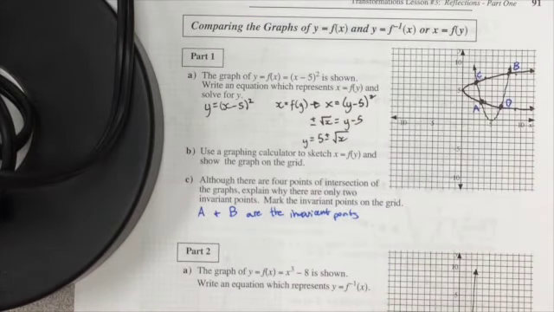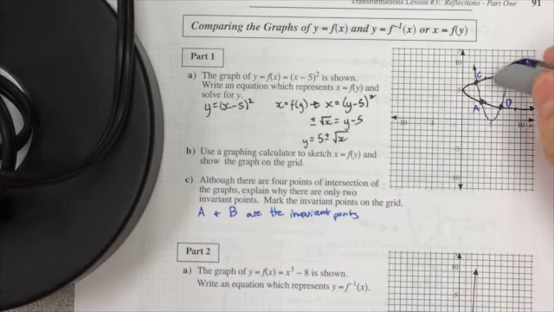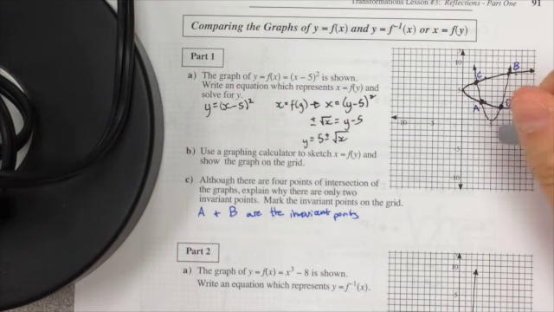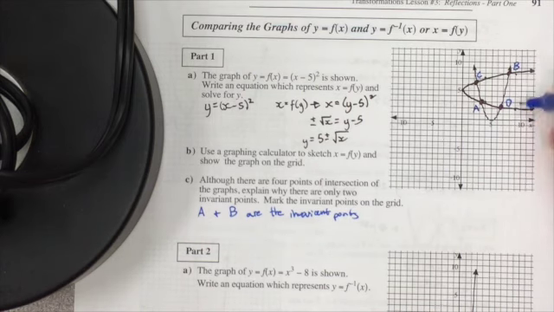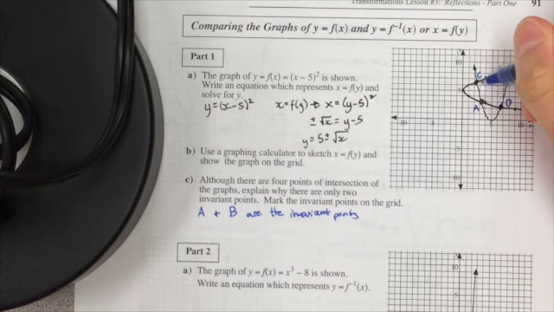The reason A and B are the invariant points is because under this transformation, A maps to A and B maps to B, but C is actually going to map to D and D will map to C. So although the points intersect at C and D, these points are not actually invariant. Right? Because these intersect here, it doesn't mean they're actually invariant points.